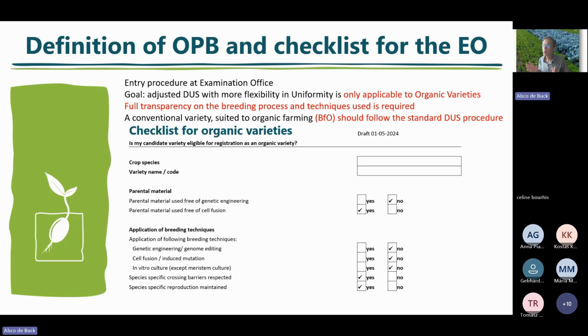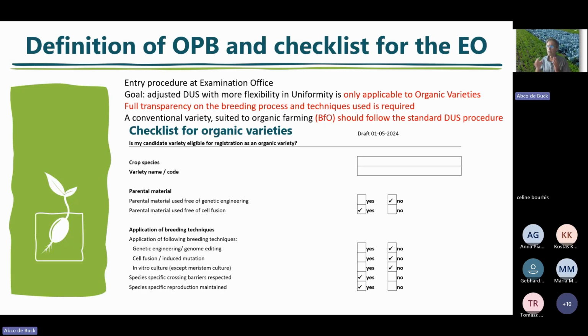And when the origin of organic plant breeding is not clear or there is no transparency on it, go ahead with the variety as breeding for organic, move forward to the conventional DUS procedure and ask for PVP. No problem.